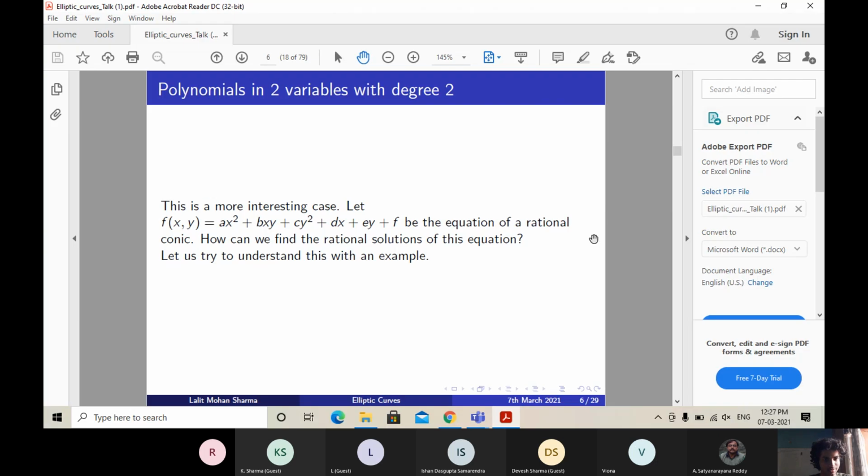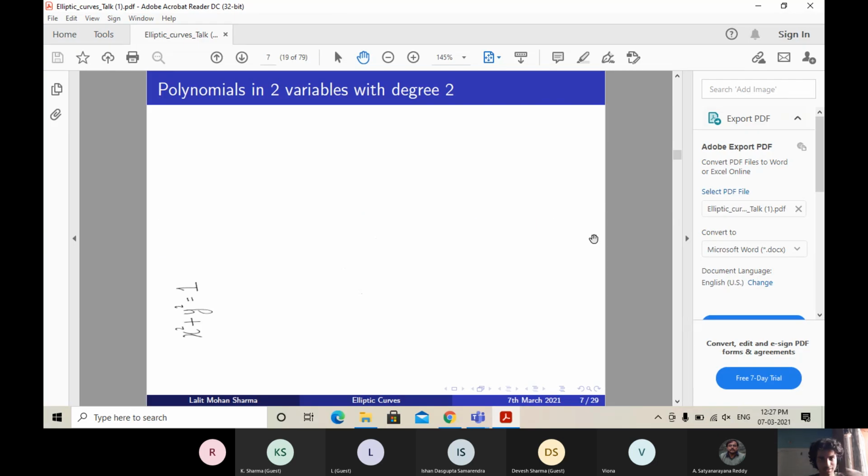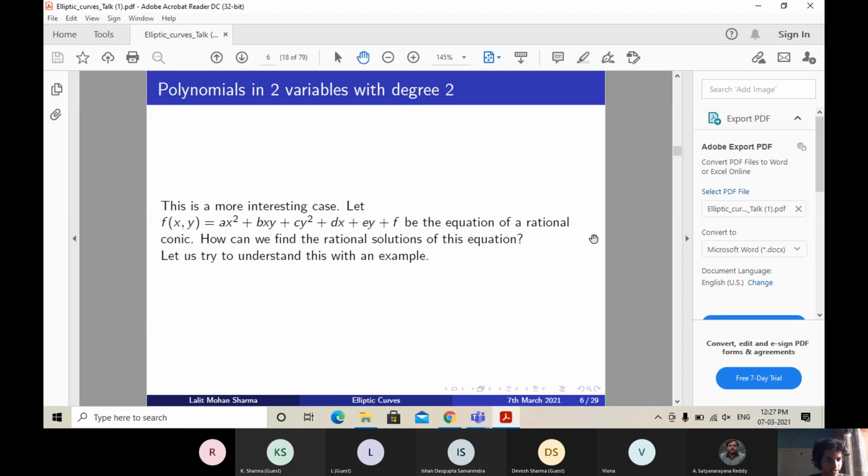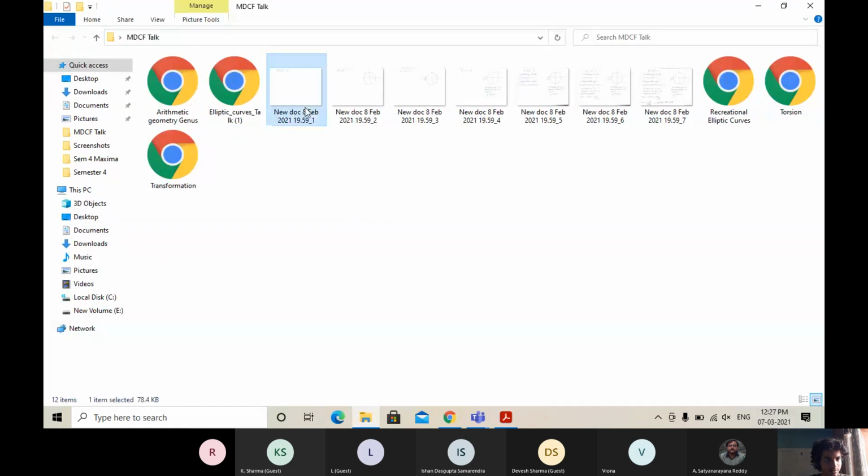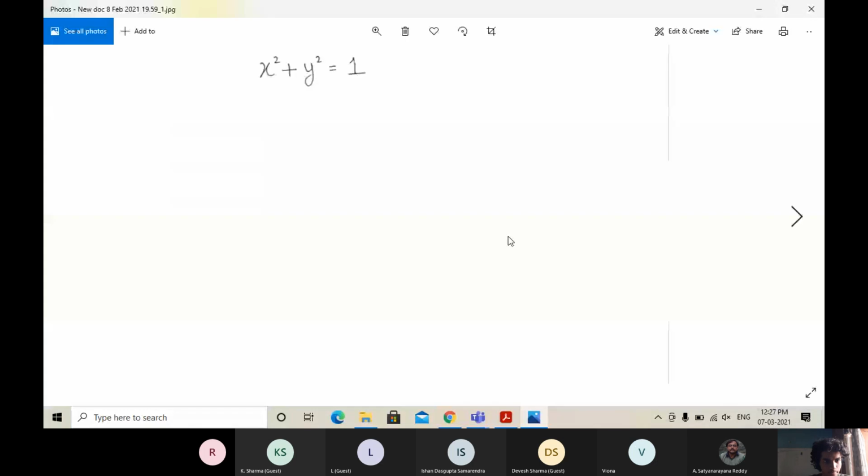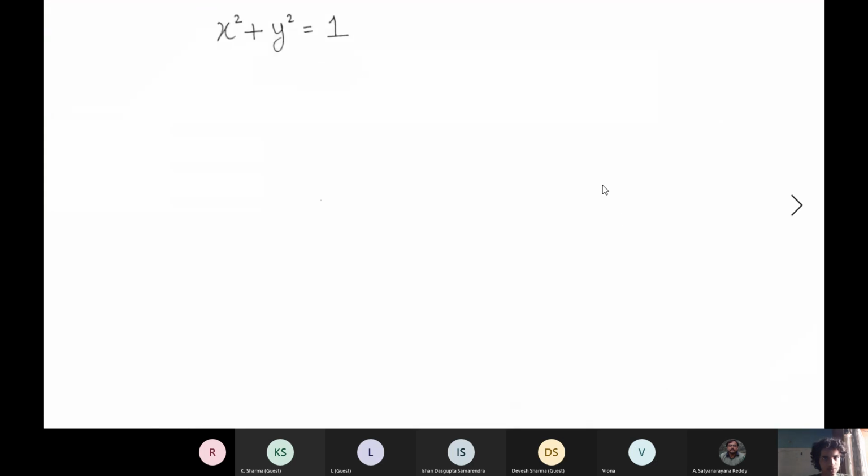I'll just, because the images were for some reason getting inverted. Okay, so suppose we're back to a circle. You have the circle with unit radius and center (0, 0), and we're trying to find the rational points on this.